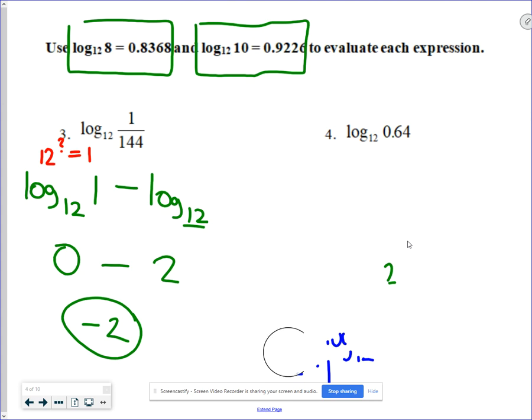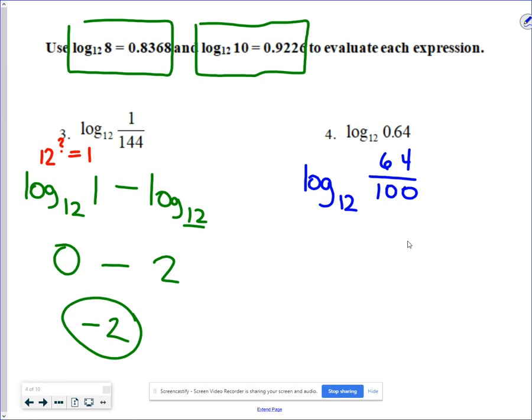We want to find log base 12 of 0.64. Well, just like we did earlier when we had decimals, let's rewrite it as a fraction. So let's rewrite this as log base 12 of 64 over 100. So then I could rewrite this as log base 12 of 64.